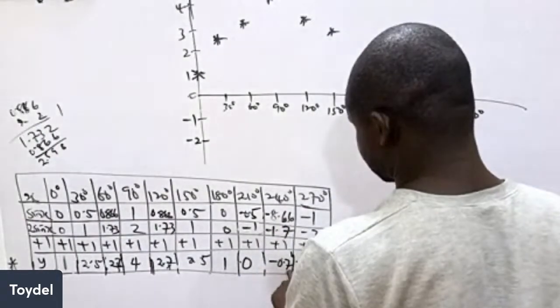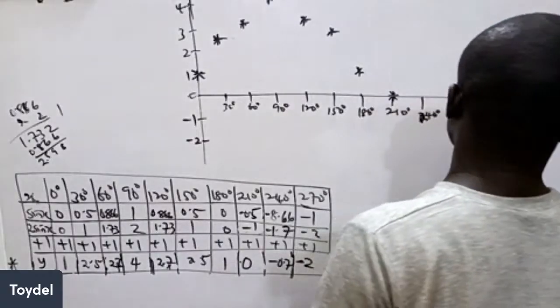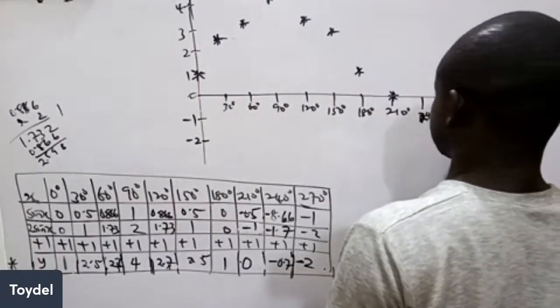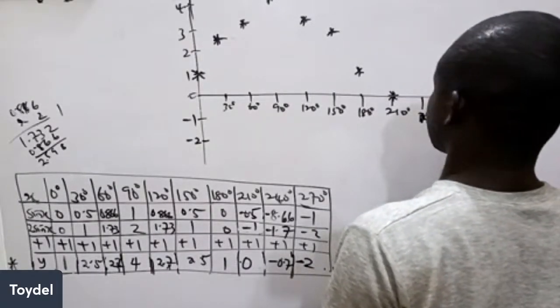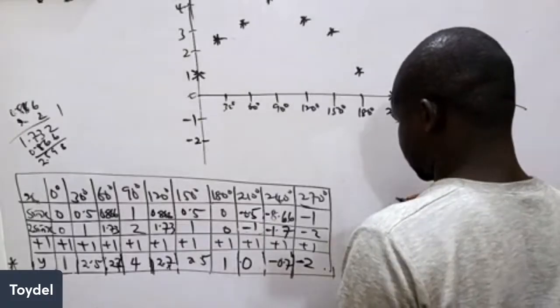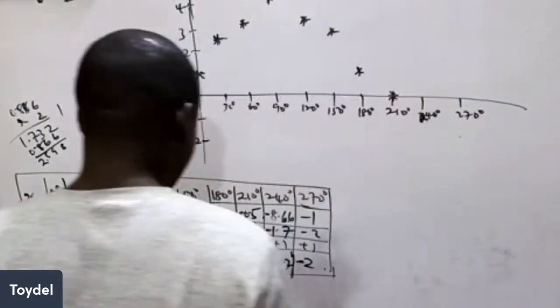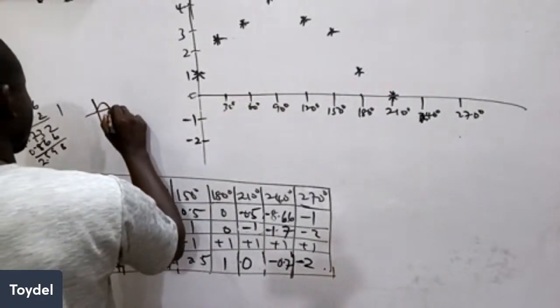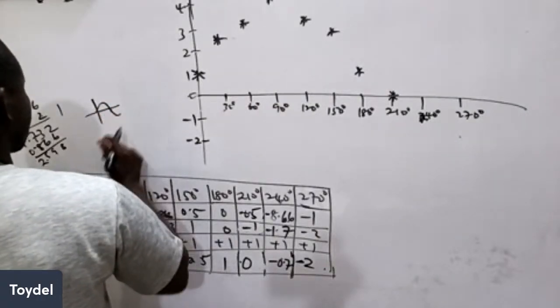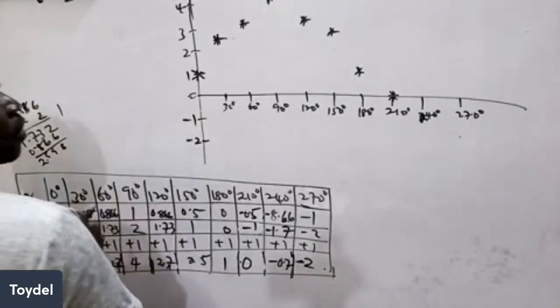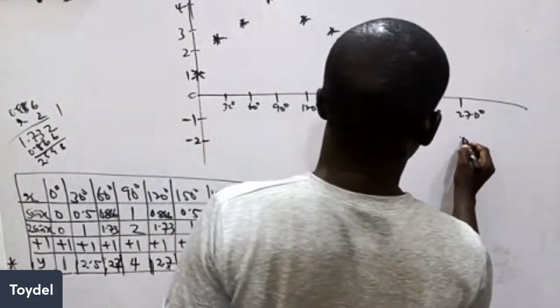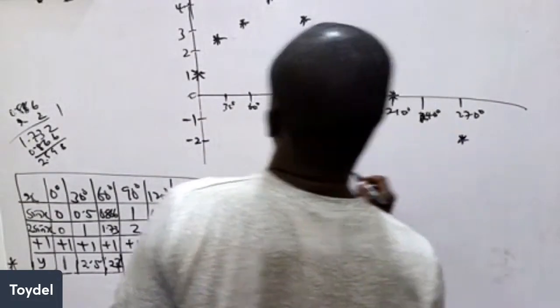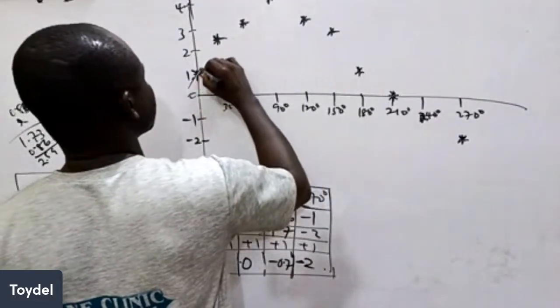Then when x is 270, it is minus 2. So you can join the curve.